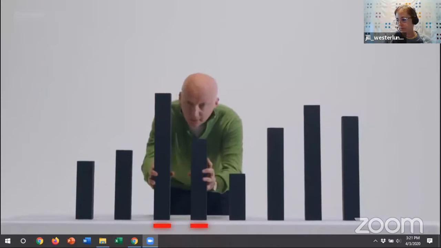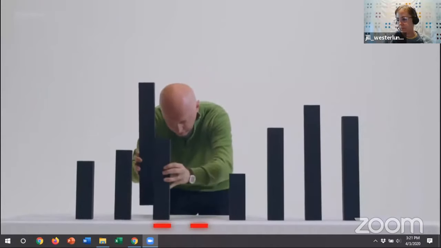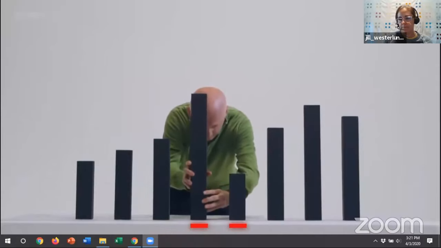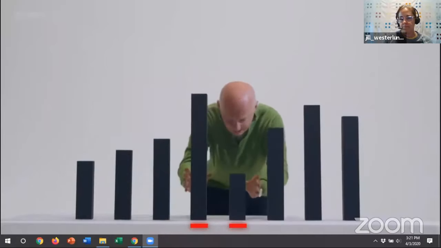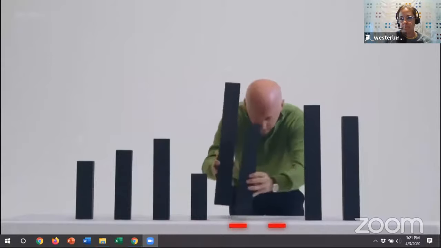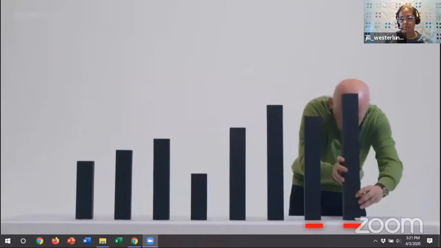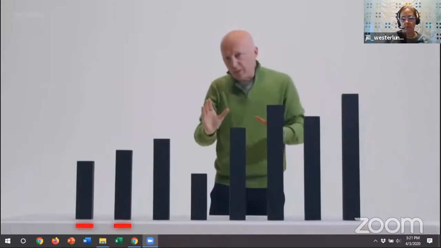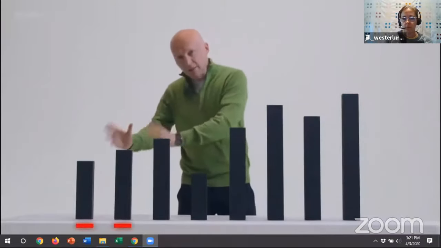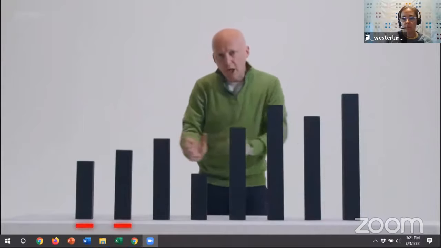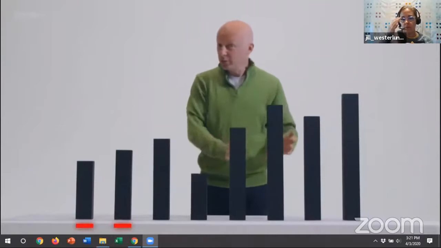Consider this pair, they're in the wrong order, so I swap them. And we just continue doing this. Now the bubble sort algorithm says to go back to the beginning and repeat the process over and over again until the objects are in order.